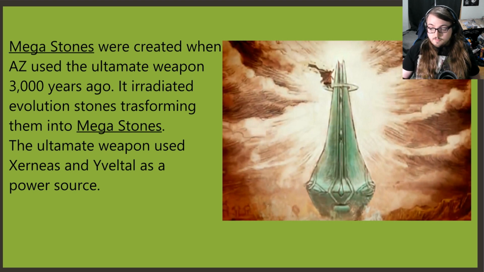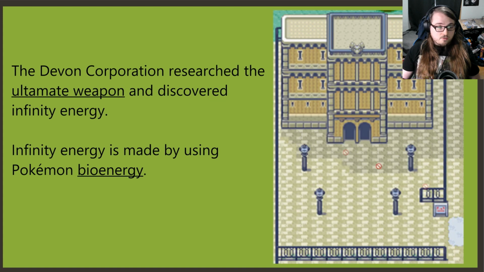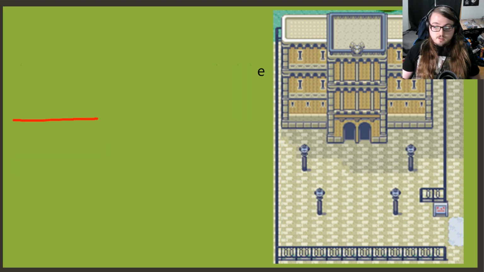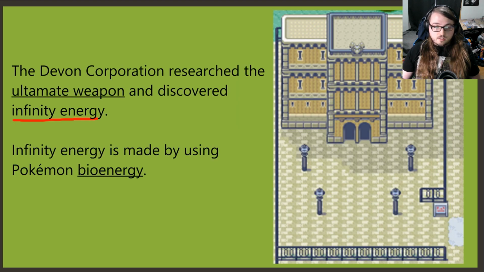So let's go to this third tidbit right here. The Devon Corporation researched the ultimate weapon and discovered Infinity Energy. Infinity Energy is made by using Pokemon Bioenergy. So this is in a town that sunk or something.